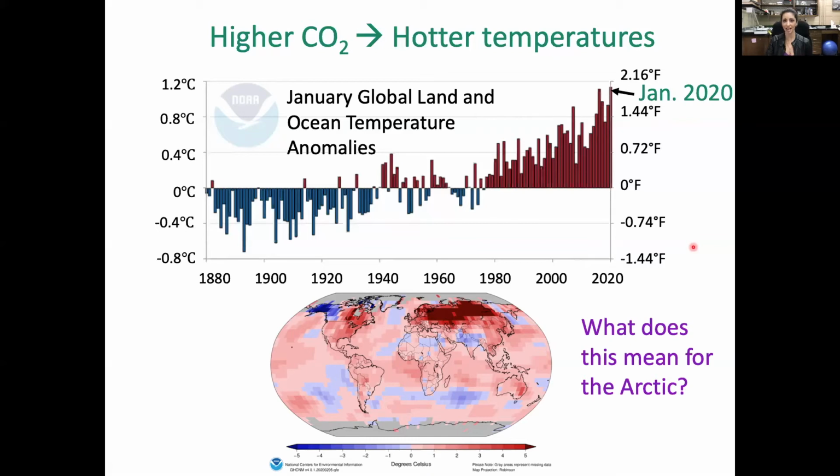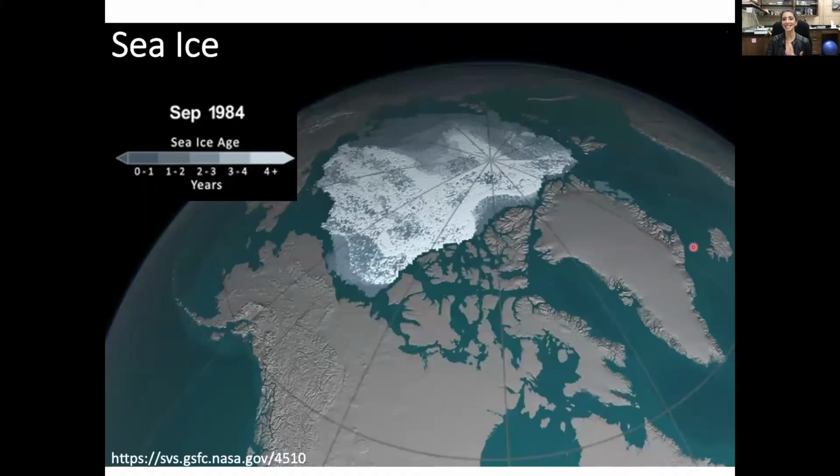Well, first thing is a loss in sea ice. Here we have a satellite image from NASA of the extent of long-term sea ice in the year 1984. So before many of us were even born, this is what the quote polar ice cap looked like, with the more intense white color indicating it's more permanent ice, so persisting for 4+ years.